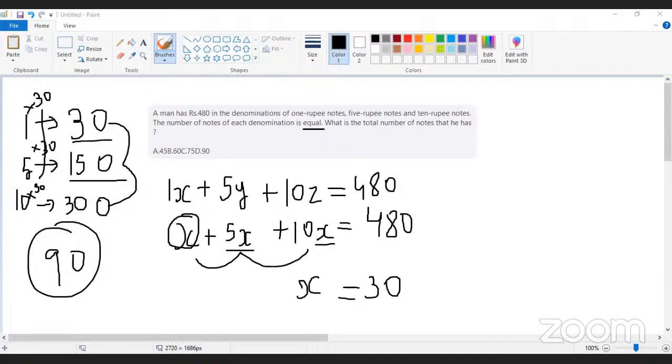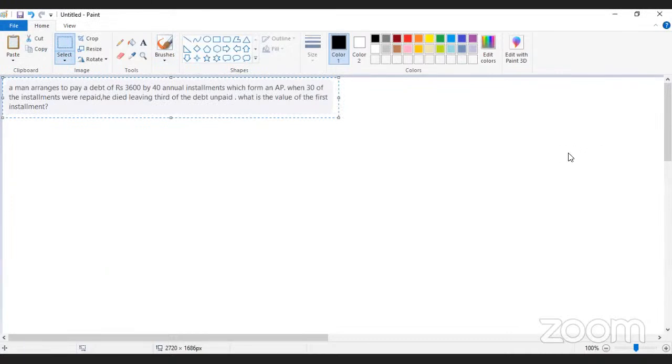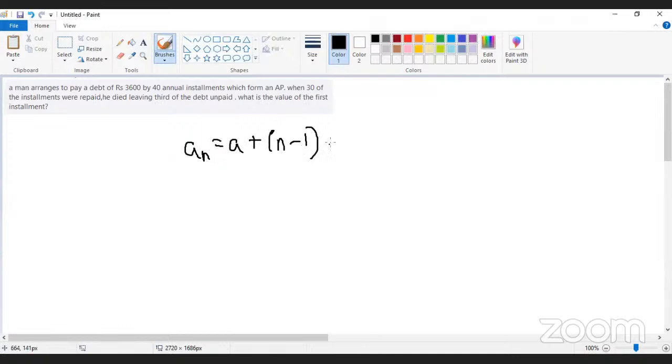Okay, fine. So he is repaying this amount. I hope you remember what is called AP, GP. If I want to find the final term, how do we do it? We do it as An is equal to a plus n minus 1 d.